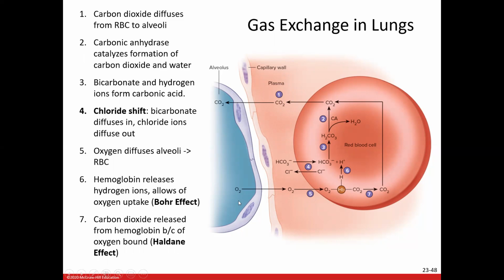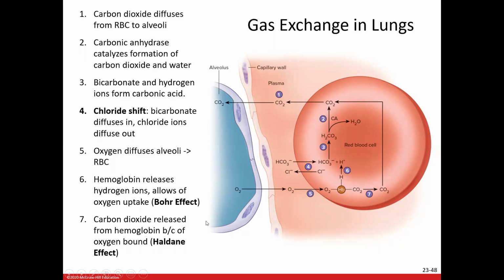But following the arrows and going through all of the stations, your oxygen has high partial pressure in the alveoli and low partial pressure in the blood. It's going to diffuse from the alveoli into the blood along that partial pressure gradient at step 5. And then that oxygen can bind to hemoglobin if enough hydrogen ions have been released at step 6.